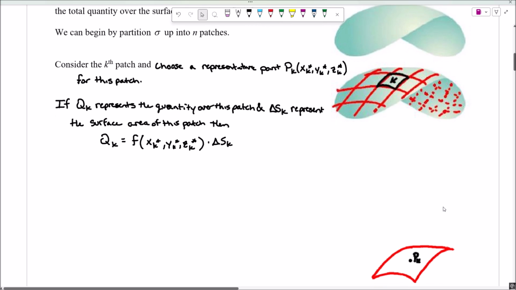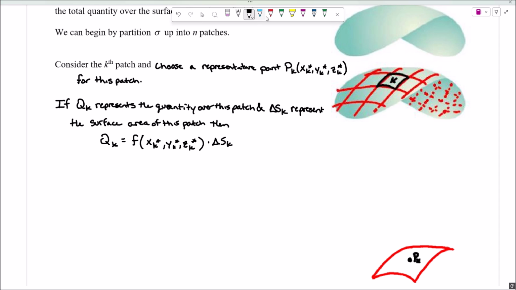So what I'm saying here is, I have this particular point, and if there's some quantity happening at this point, and this is representative across the entire patch, then I could imagine I have an entire patch's worth of this amount to contribute to the quantity.